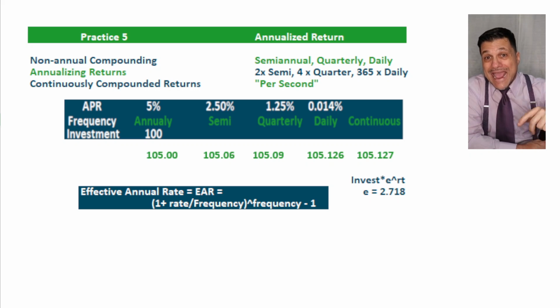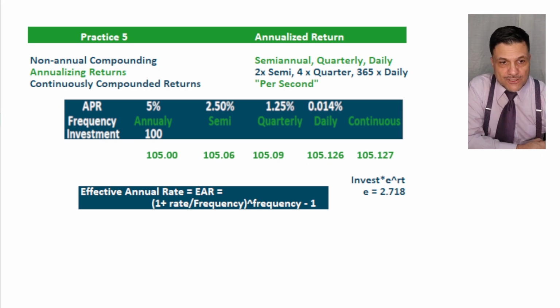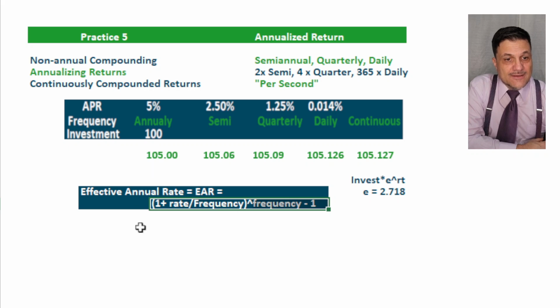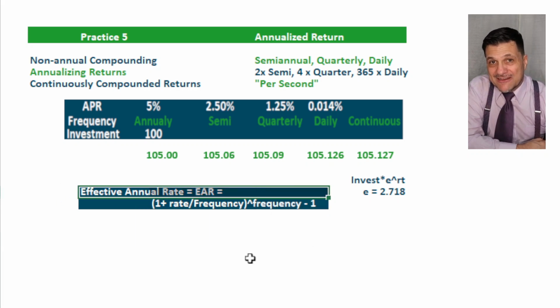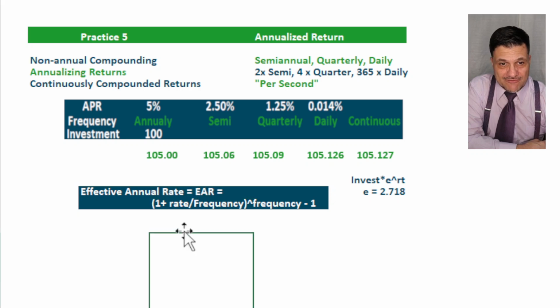But I need to annualize that rate of return. So what do I do? It's exactly what I did there. It's 1 plus the rate divided by the frequency, to the power of the frequency, minus 1. Then you're going to have what we call the effective annual rate of an investment.